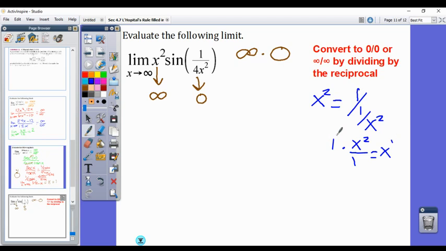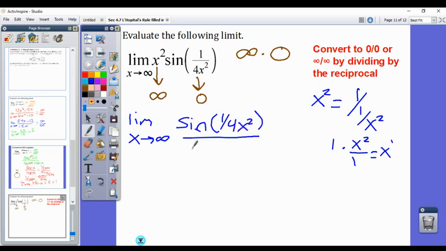So what that is going to look like now is the limit as x goes to infinity of sine of 1 over 4x squared, over 1 over x squared.